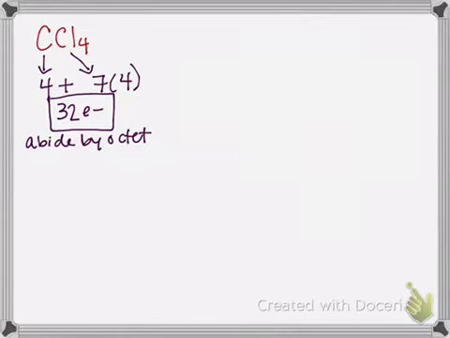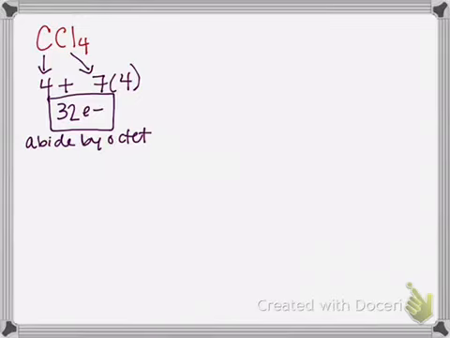So we're going to start with who is going to be our central atom. In this case, we have carbon and 4 chlorines. Chlorine is really close to fluorine, it's in the same family, and carbon is a very good central atom. In fact, if you see these 4 chlorines, you know that they're going to bind to this carbon.